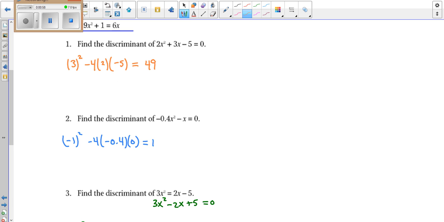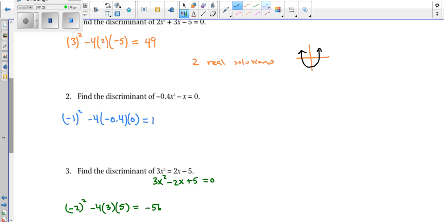Okay, so in number 1, you should have gotten a discriminant of 49, which, because it's positive, means that there are 2 real solutions. Remember, your solutions are your number of x-intercepts that you have. So if you were to draw this, the function has a positive a value, which means your function would go up and it would intersect or hit the x-axis twice.